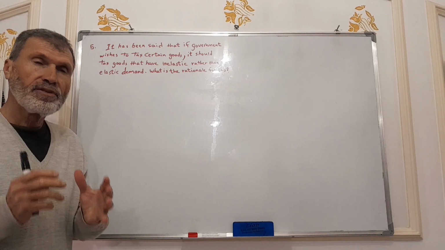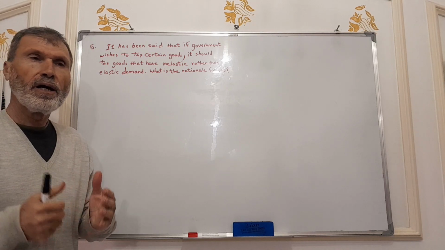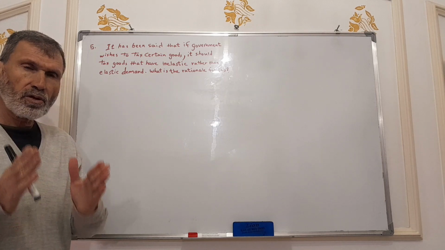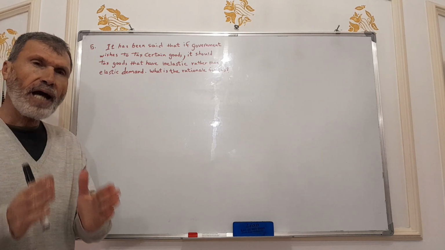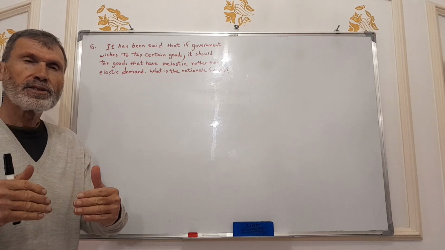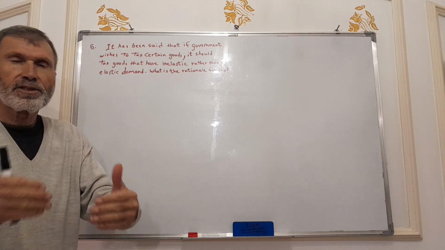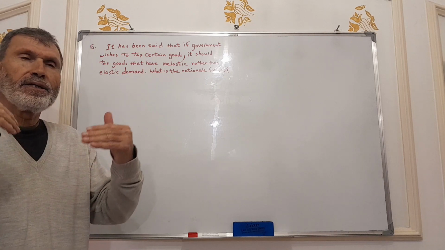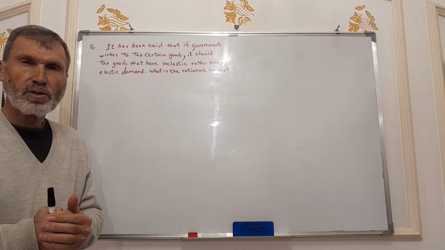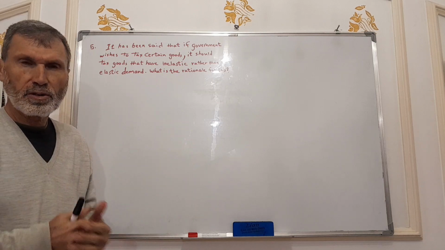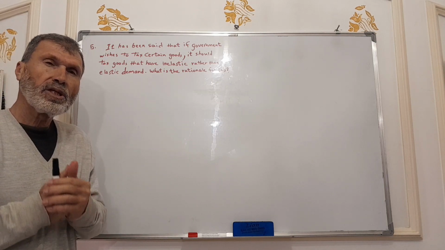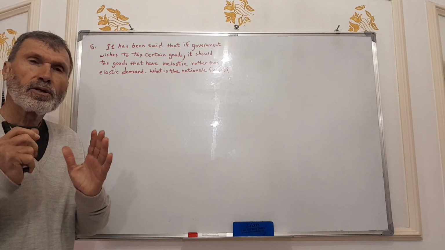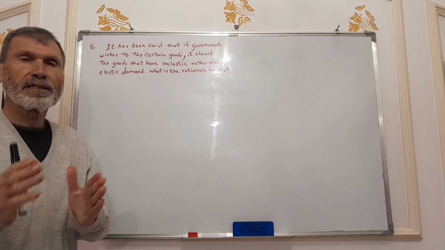However, if the government's motive or objective in taxing these goods is to discourage consumers from buying or consuming these goods, then the government should tax the goods that have elastic demand.